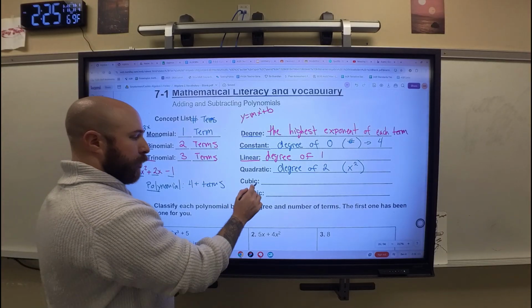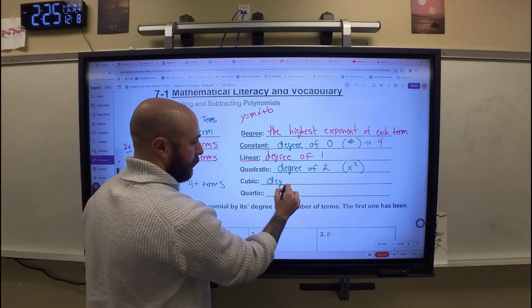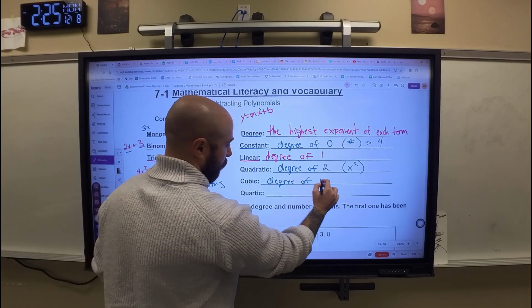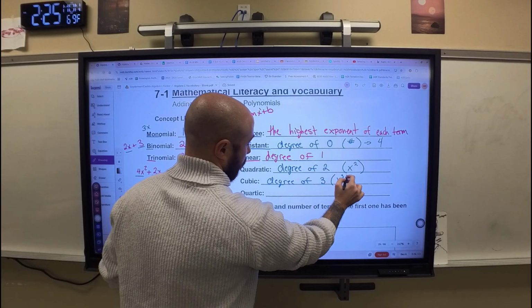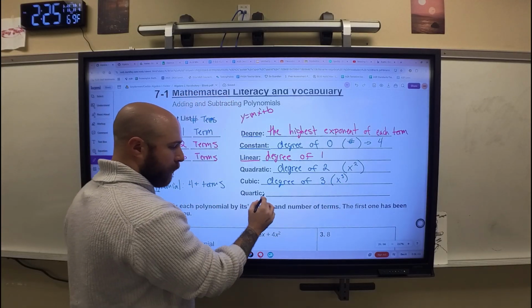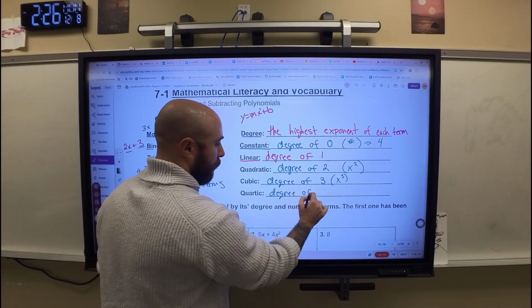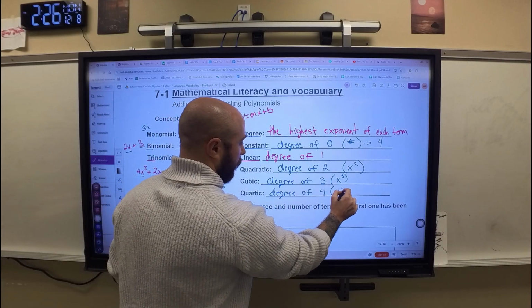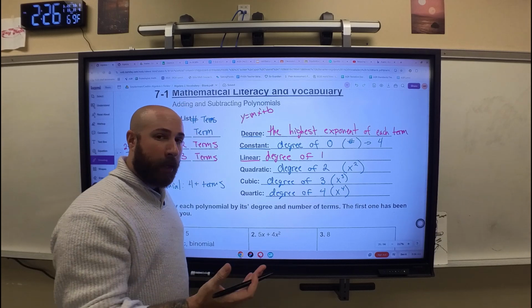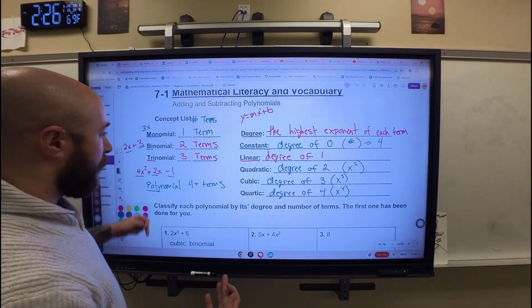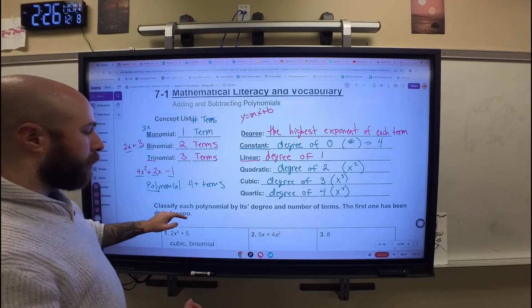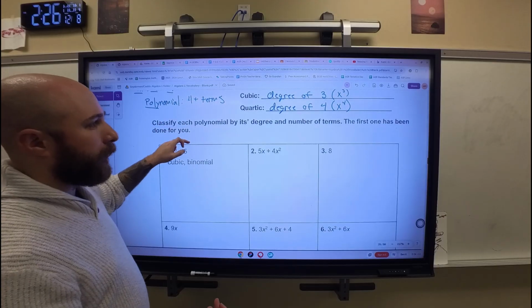Cubic has a degree of 3, so like an x to the third term. And quartic has a degree of 4, so like an x to the fourth. Now again, it doesn't have to be an x, it could be a y, it could be an a or b, but the highest value in the exponent is a 4.